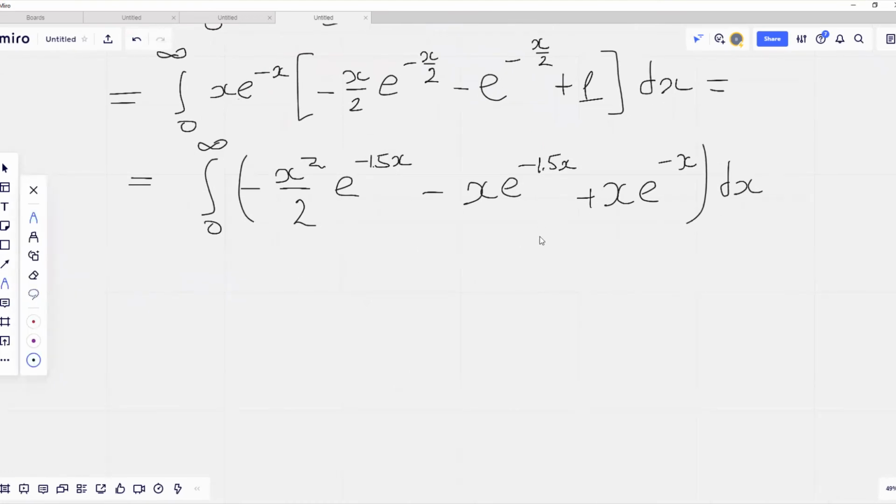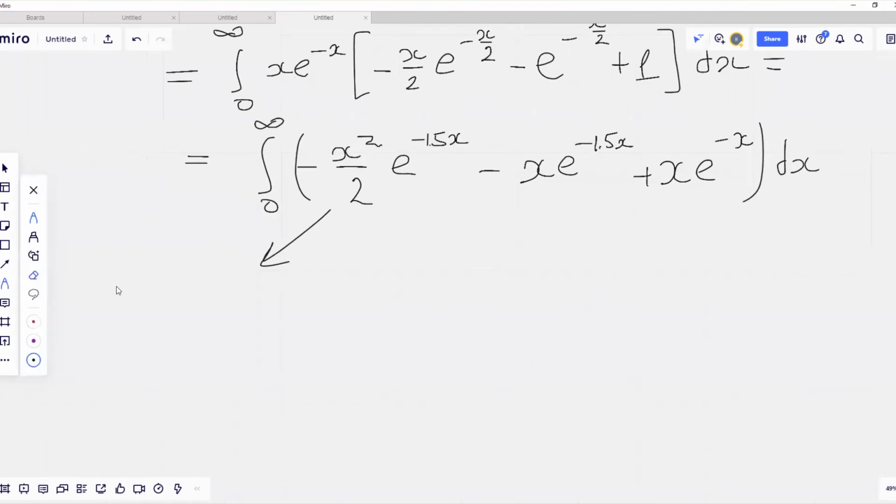So let's find every summing term here individually. First we are going to find this integral here. Let's factor out minus 1 over 2: the integral of x squared e to the power of minus 1.5x dx from 0 to infinity.